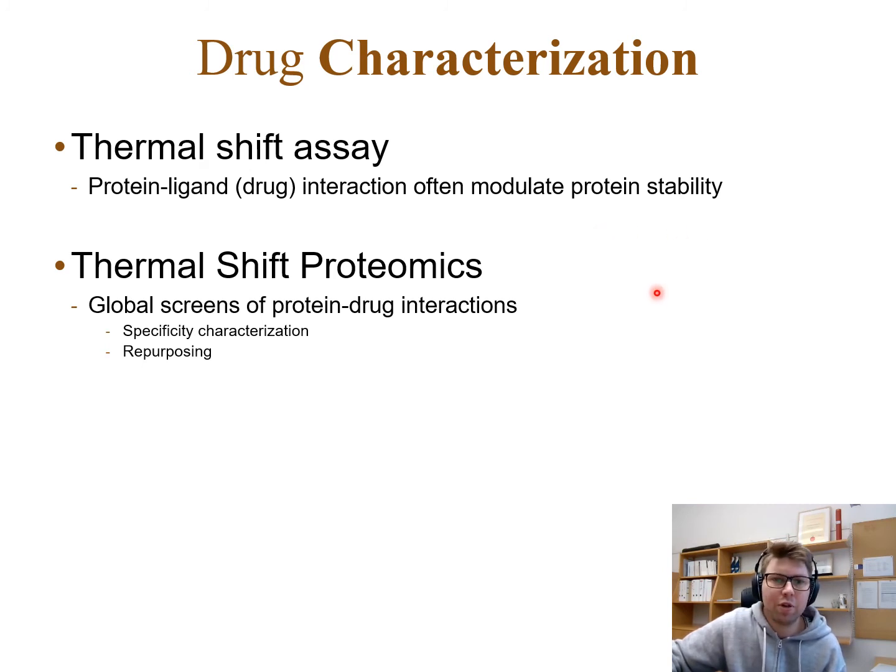And using mass spectrometry, it's possible to do this on a proteome-wide scale, so you can do global screens of protein-drug interactions. And this allows you to characterize the specificity of drugs, but also to repurpose drugs by identifying additional targets.